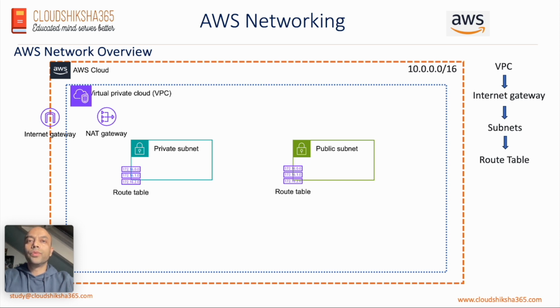Let's say you have certain applications or VMs running inside a private subnet, and you do not want to have internet access directly to these EC2 instances. Then you can use the NAT gateway. It helps you have internet access, but still there is no inbound internet access. Your servers will not be accessible from the internet, but you can still access the internet. So no inbound internet access, just outbound internet traffic is allowed. That is what the NAT gateway is used for.